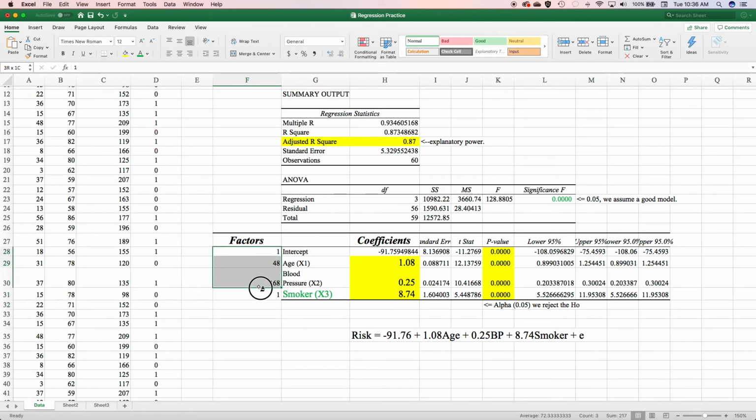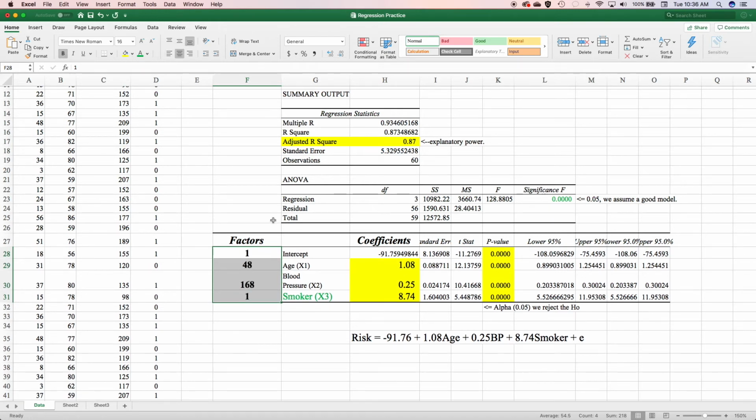So now we have the different factors that we plug into each piece. Okay? Again, the intercept always has a 1. Person's 48 years of age. Last time they had their blood pressure checked, it was 168, and they smoke.